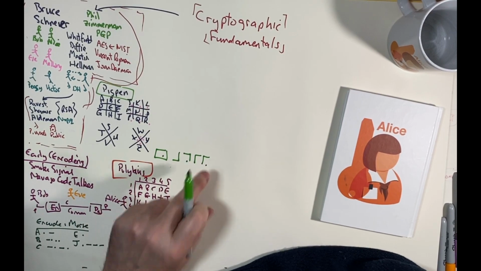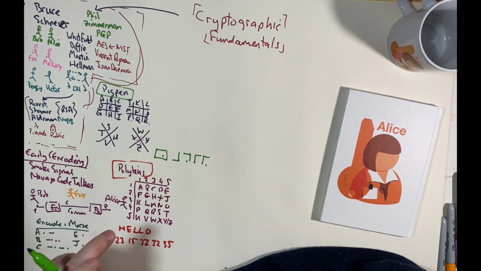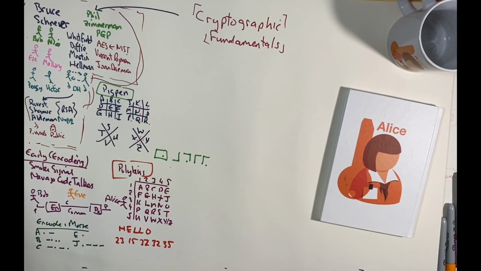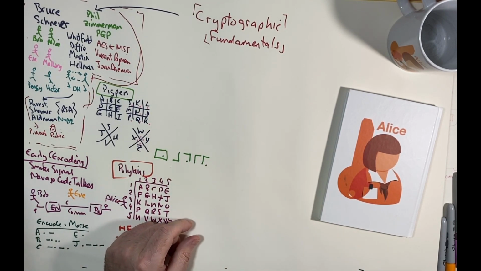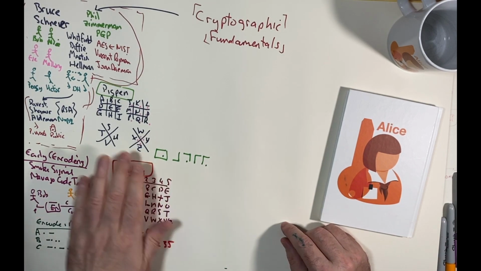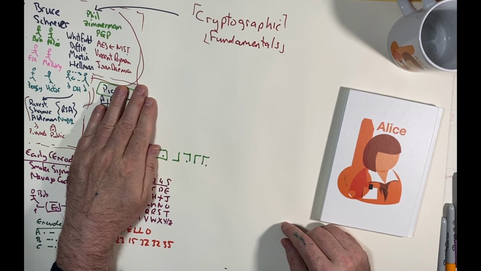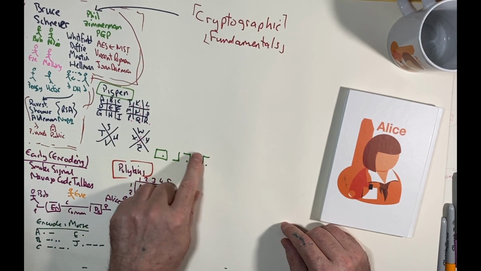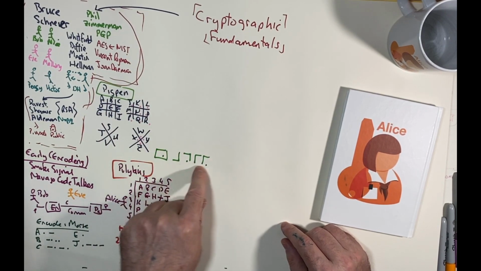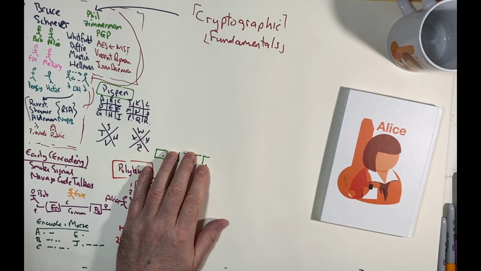N-A-P-I, I've missed out the E, R. So in this way we can actually create a graphical representation of our encoding. Again, if we don't know what the secret coding is, then it might be difficult for us to even see that this is a cipher.